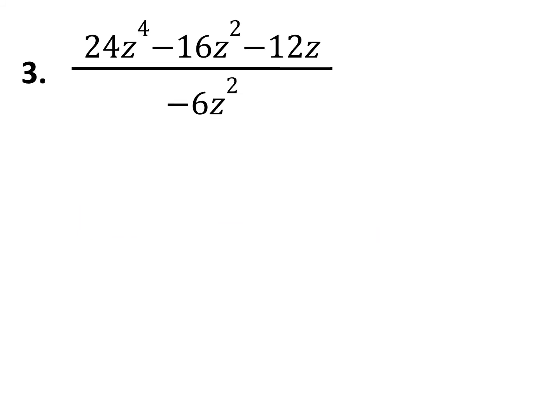Take each term and divide each term by negative 6z squared. And if you have a negative on the top, you still have to have the negative on the bottom as well.